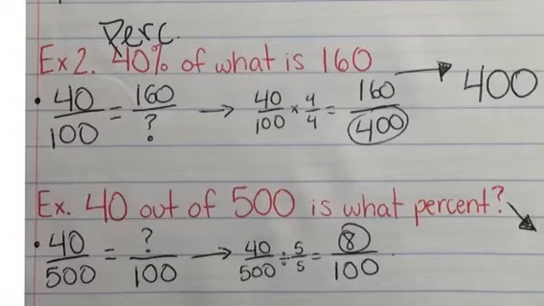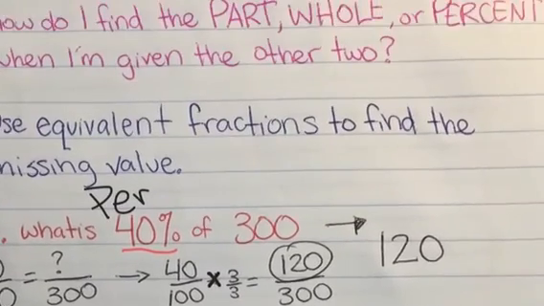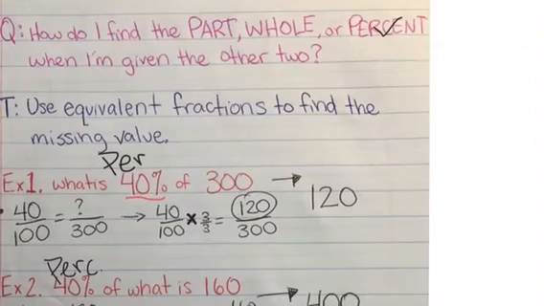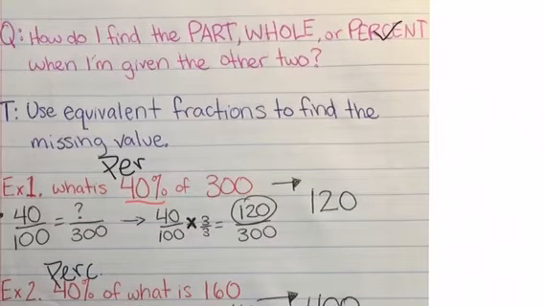And the other number that we see here is 160. So what we are left with is the part or the whole, because we know 40% is a percent. And when it says 40% of what number is 160, this 160 here is the part.